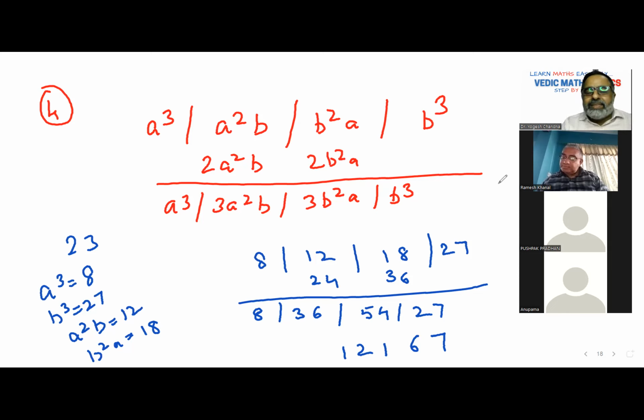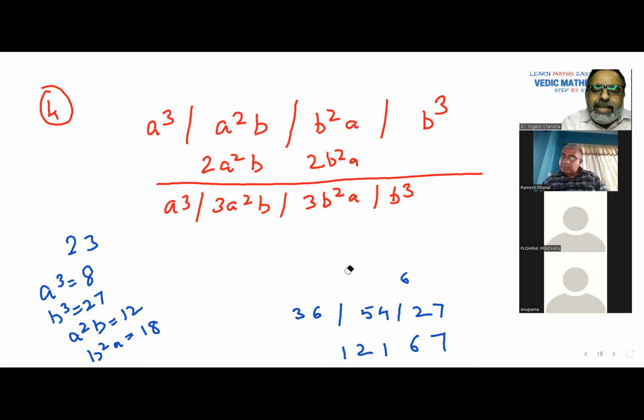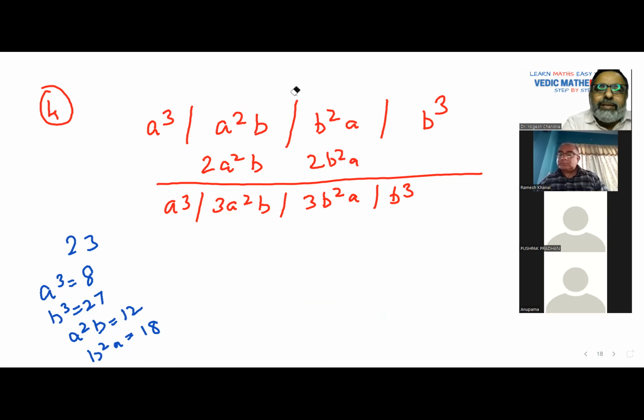No. See, in earlier questions also, we did 12. I'll show you how. Even this last format, if you remember, you can do it. But my point is, if the question is simple, why should we remember the formula? The first question we did was 12. A cube is 1, A square B becomes 2, B square A is 4, and B cube is 8. This is what we were getting that way also: 1, 2, square of 2, cube of 2.